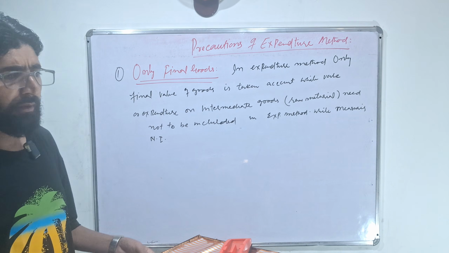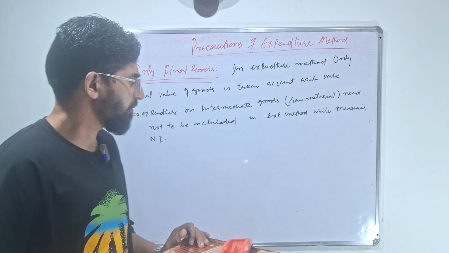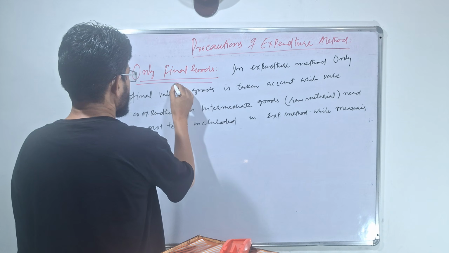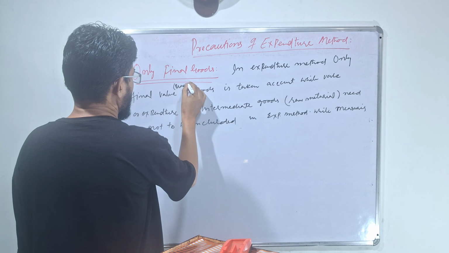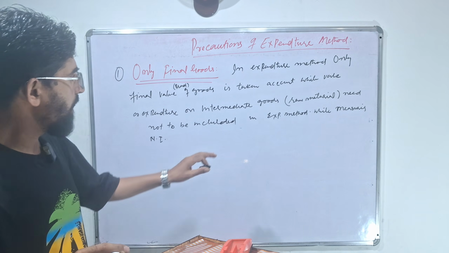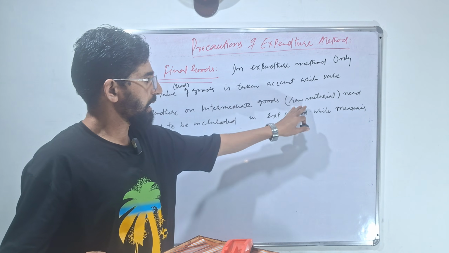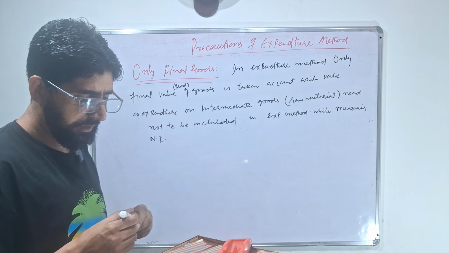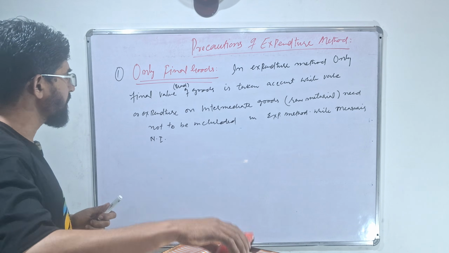Only the value of final goods, for example, bread. Only the final value, bread, needs to be calculated during an accounting year. The value of intermediate goods like raw material, expenditure on raw material, needs to not be included in national income while measuring national income through the expenditure method.